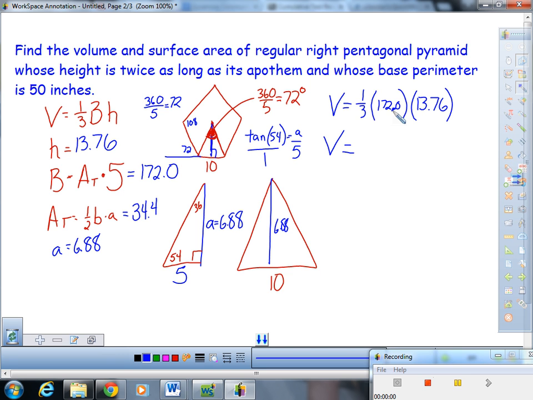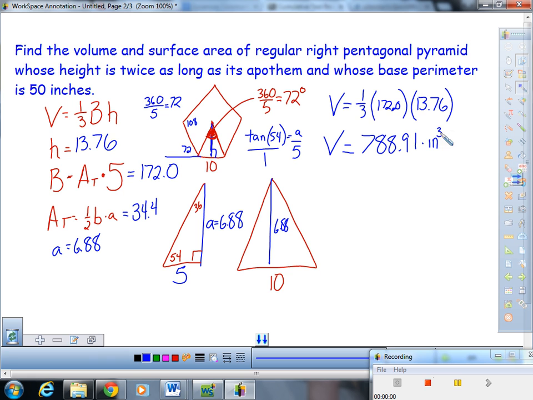Anyone? I buy that. And what will our units be in this one? Okay. Cubic inches. Very good. So we're done with the volume part.